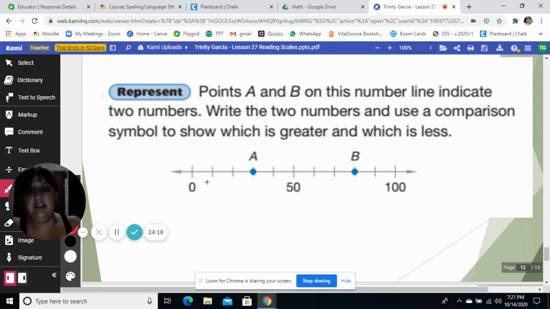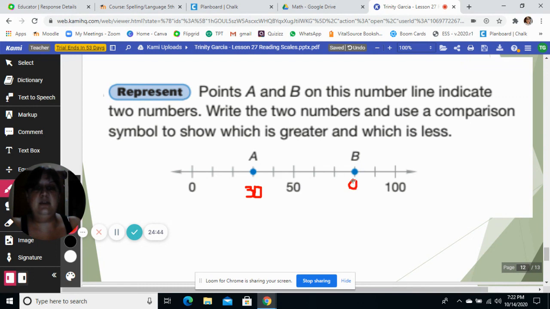So I would say they're probably indicating 10, but let's count. 10, 20, 30, 40, 50. Yes, that makes sense. So that would make A is equal to 30, right? Now, what would B be equal to? Well, here's 50, 60, 70, 80.